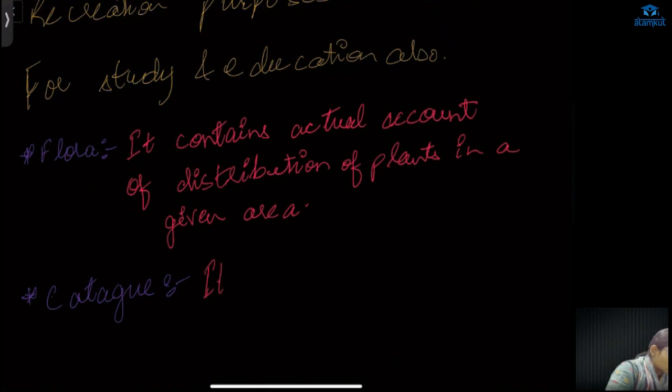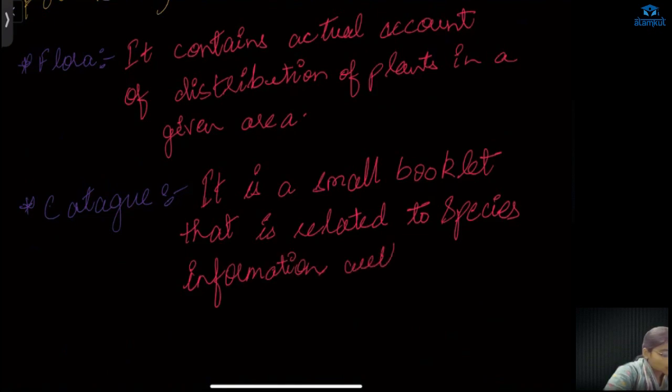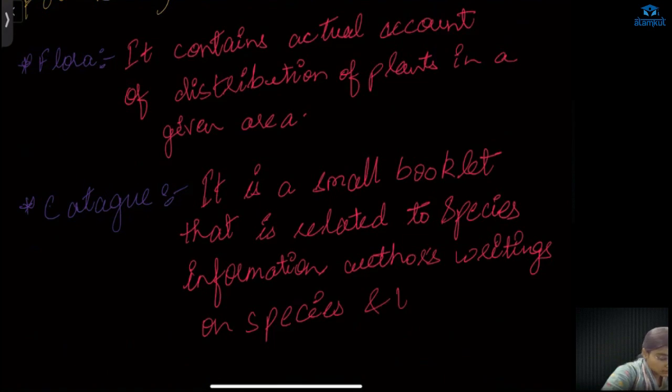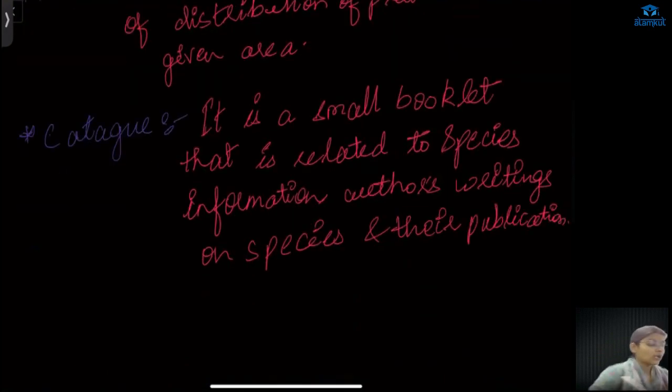It is a small booklet that is related to species information, authors, writings on particular species, and their publications. Catalog will have all kinds of information about a species, what the particular author has written about those species, and what their publications are. It will contain all the information.